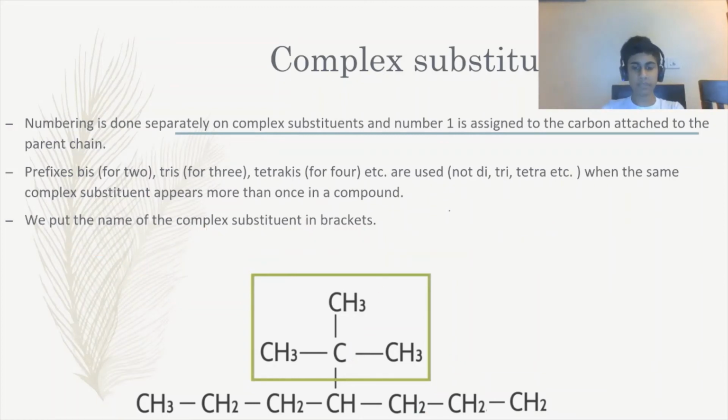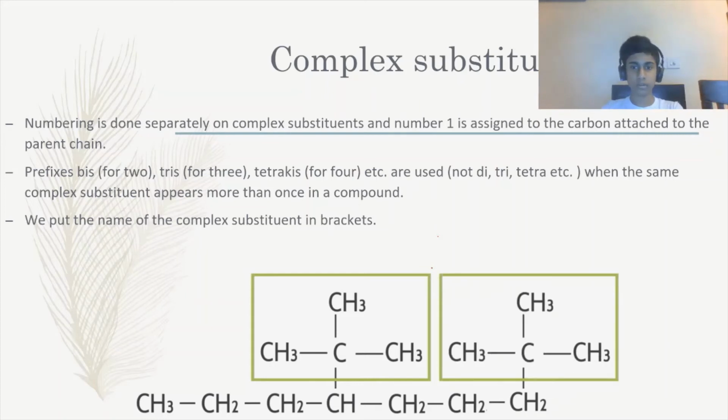Now what happens if we have, let's say, two of them, like in this case? First of all, don't be confused by these examples, because this part is just a normal substituent, because we can take this as a chain, right?